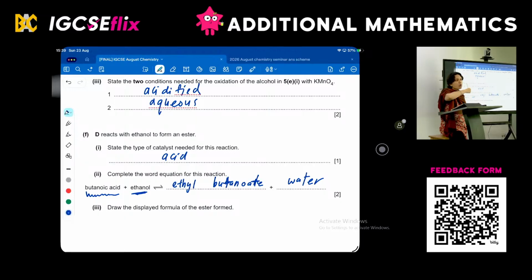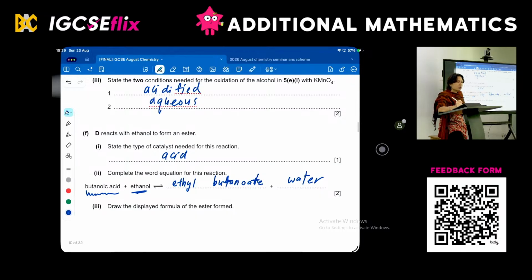But when we write the formula, we write the alcohol first. Butanoic acid has a total of how many carbons? 4. But we write 3 in front because it's C3H7COOH, total is 4.